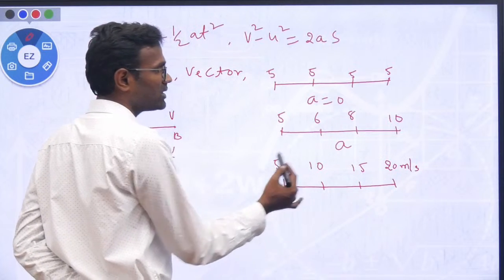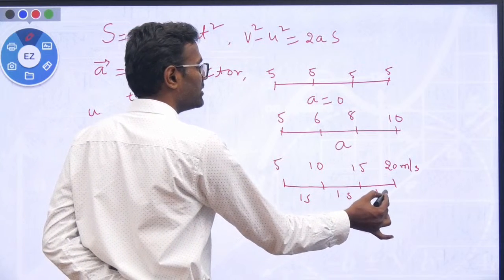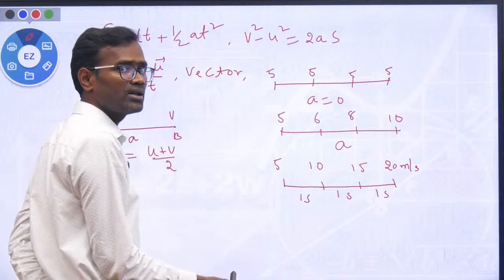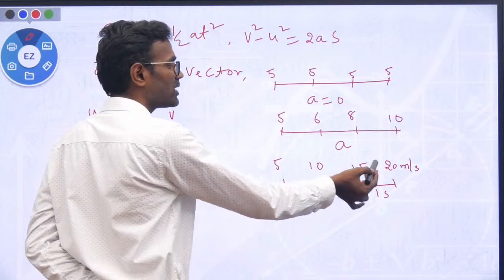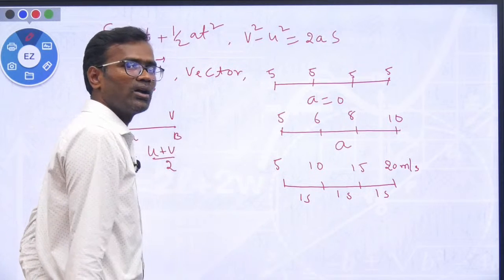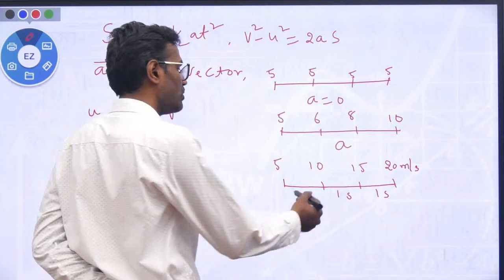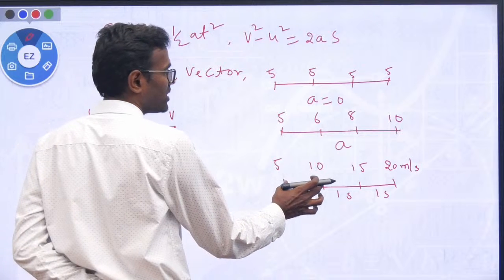In each 1 second the speed increases by 5. This type of motion is called uniform acceleration. Acceleration is constant.